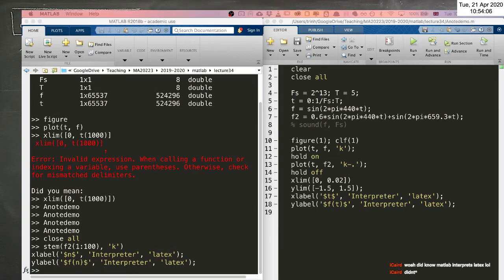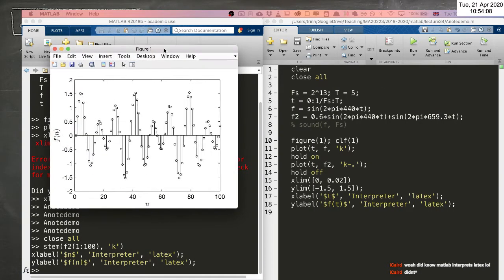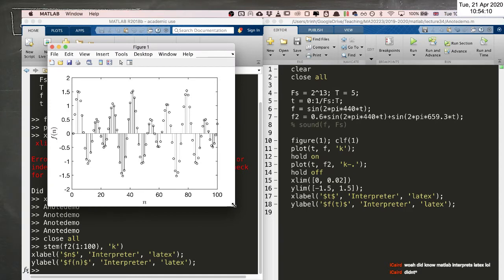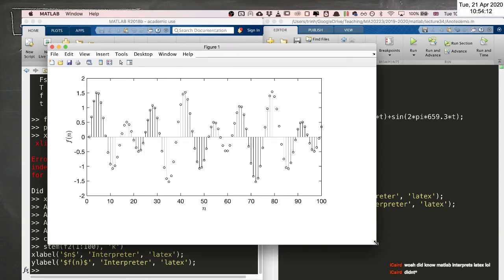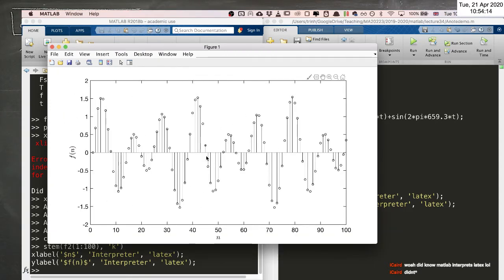Because the signal is discrete in time, this is perhaps a more representative picture of what you should really think about. So this is a plot of F2, the secondary signal, which was composed of the 440 hertz signal plus the 659.3 signal. And because it's being measured at discrete moments in time, this is now just what's called a stem plot. Okay, but this is just for curiosity's sake.